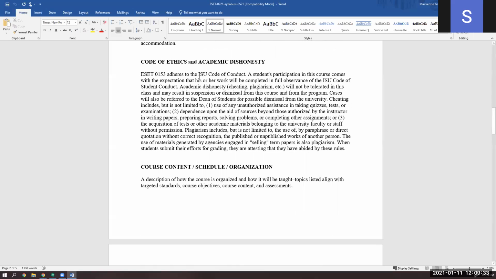In your STEC handbook, you have a copy of the ISU Code of Conduct. We'll use those standards in this course. I said this in the class earlier this morning, but just to reiterate, a lot of my rubrics, if you have a written assignment, don't necessarily spell out that you need to cite sources, but not citing sources, especially in a technical field, is plagiarism.